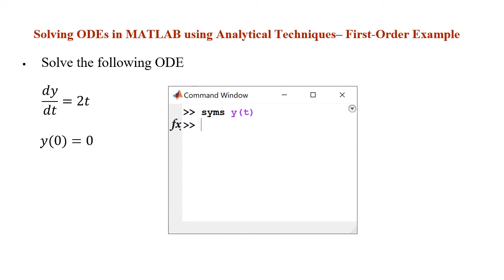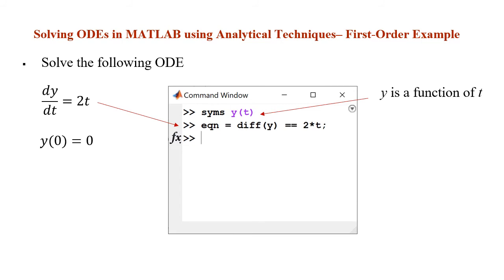So I'm going to write my first equation, eqn1, which is equal to diff(y), or the derivative of y, equal to 2t. The second equation is actually a condition, and I'll name it cond, which is y(0) equal to 0.